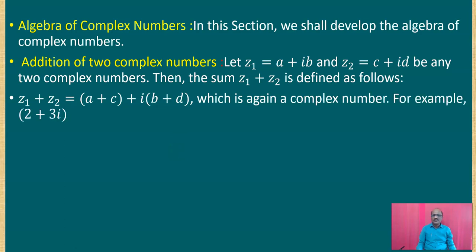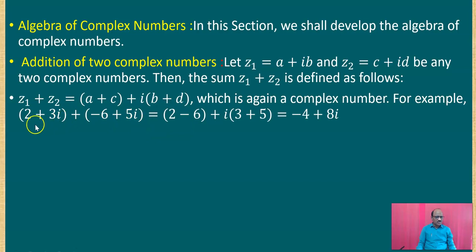For example, 2 plus 3i plus (minus 6 plus 5i): the algebraic addition of the real parts is 2 minus 6, and of the imaginary parts is 3i plus 5i, that is 8i. Therefore, their addition is minus 4 plus 8i.